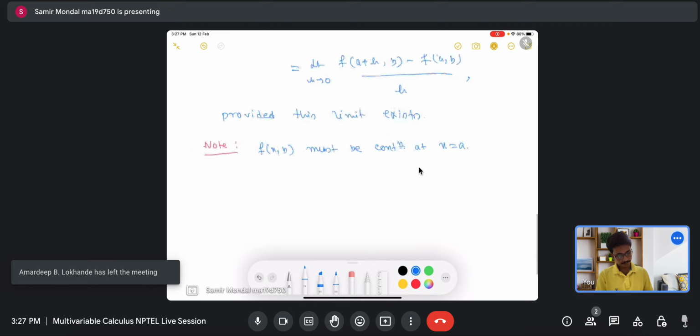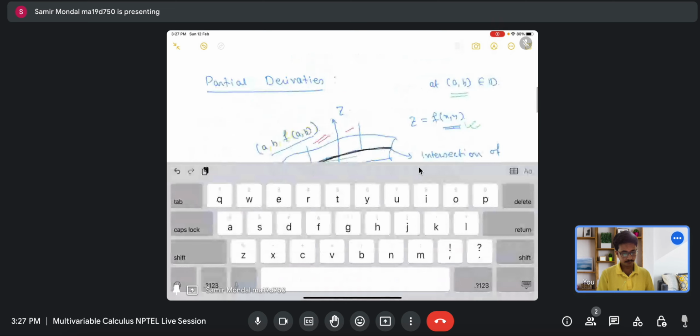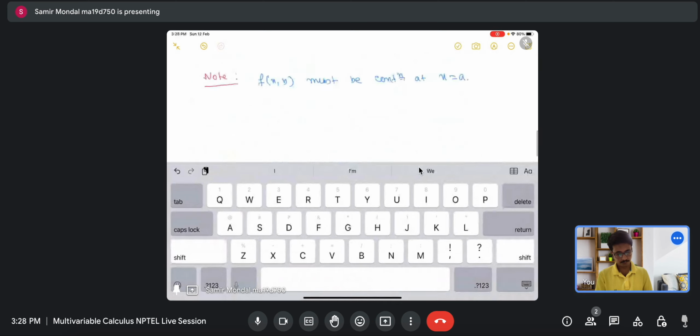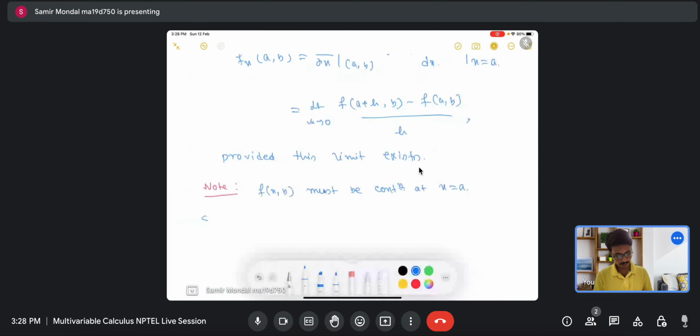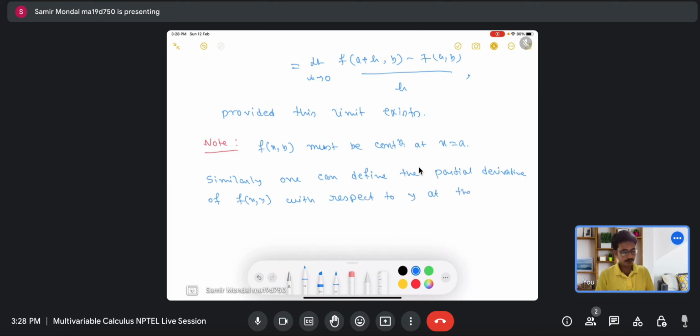Similarly, one can define the partial derivative of the function f of x, y with respect to y at the point (a, b).